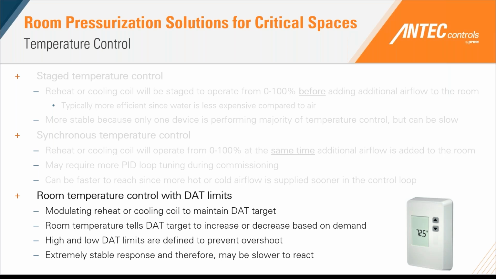So the essence here is this form of temperature control should be extremely stable. It may be a little bit slower to react, but it will really help minimize any potential swings or instabilities you may see.